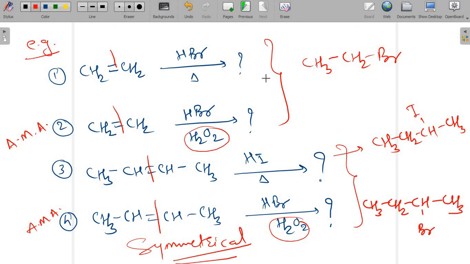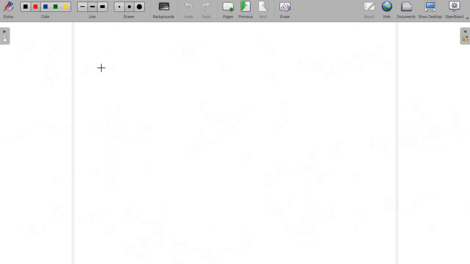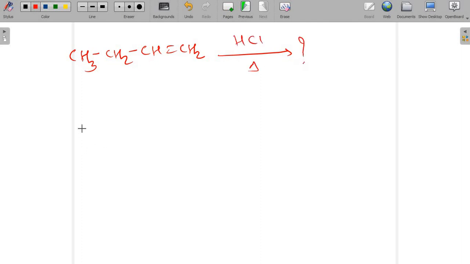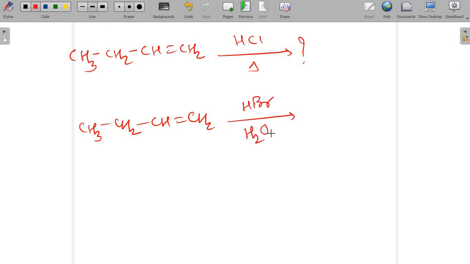What if I use an asymmetrical alkene? Suppose this is CH3CH2CH=CH2. This on reaction with HCl on heating, what is the product? And the next one, CH3CH2CH=CH2 on reaction with hydrogen bromide in presence of hydrogen peroxide, what is the product?